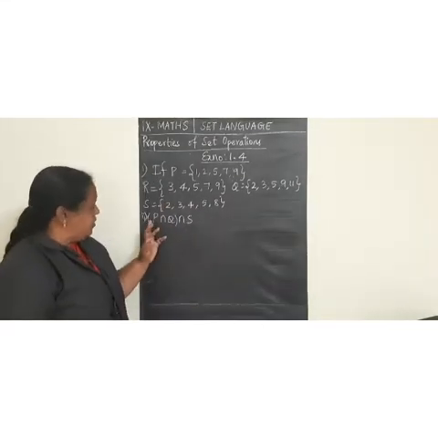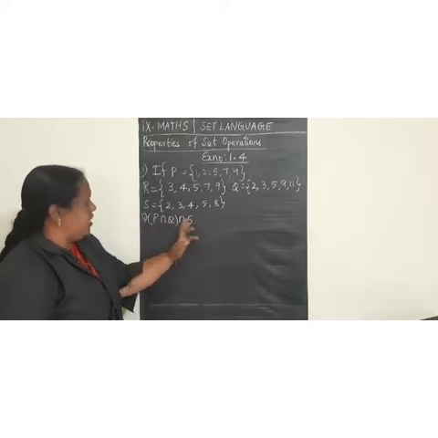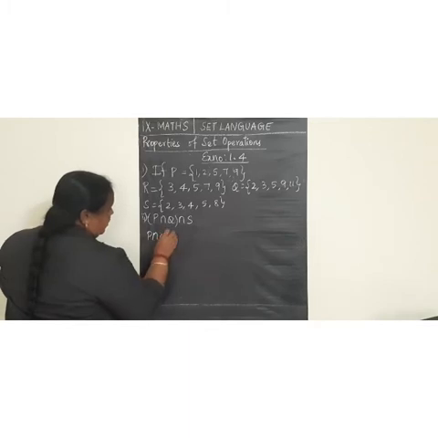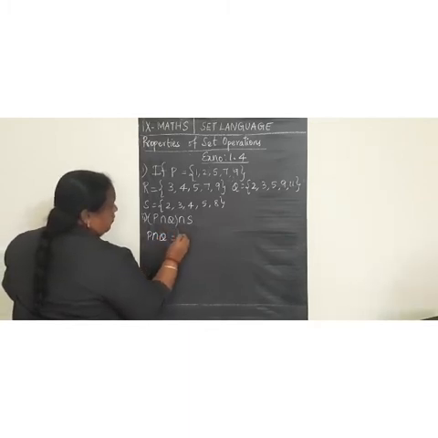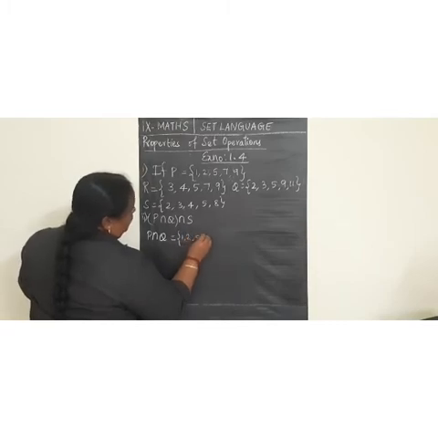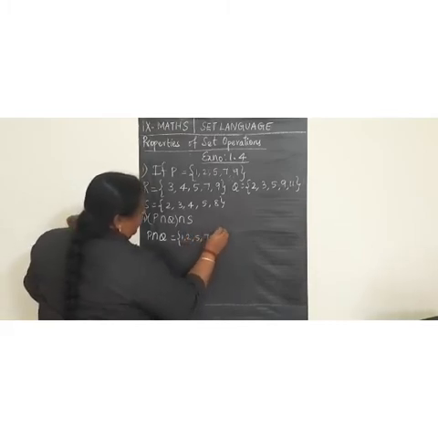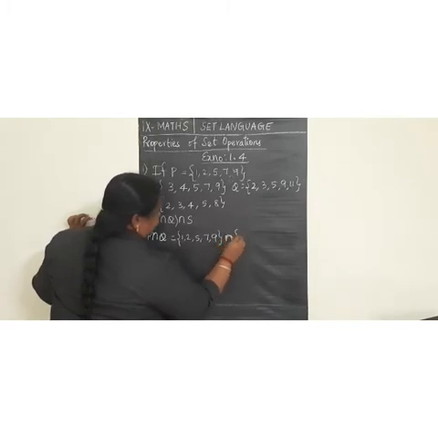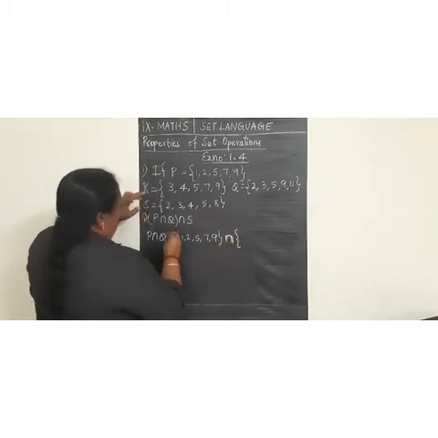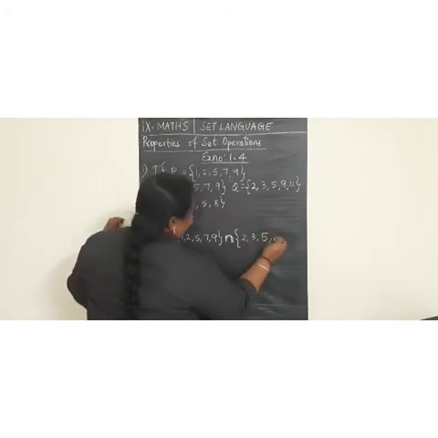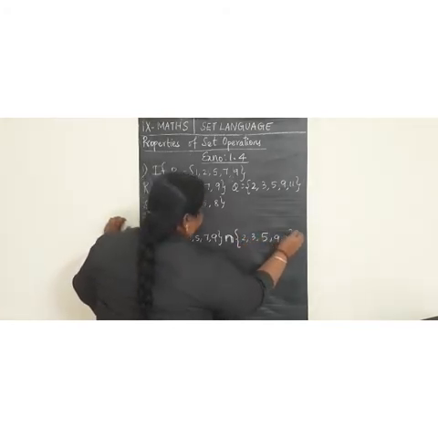The next question is P intersection Q intersection S. First we find P intersection Q, first writing the set P: 1, 2, 5, 7, 9 intersection Q. What's Q here? 2, 3, 5, 9, 11.